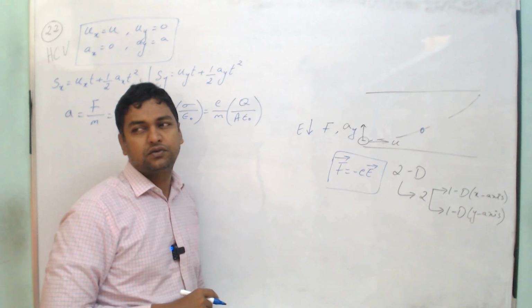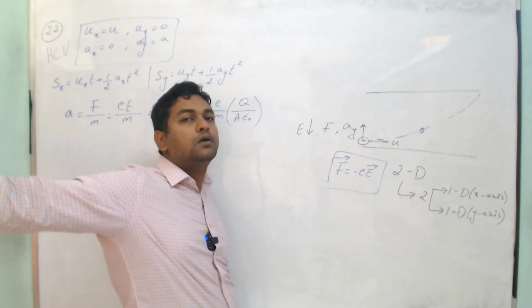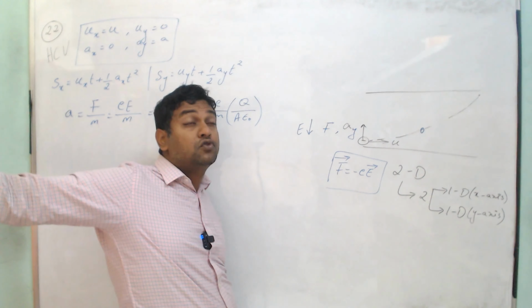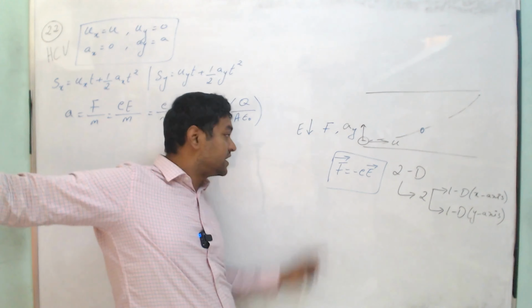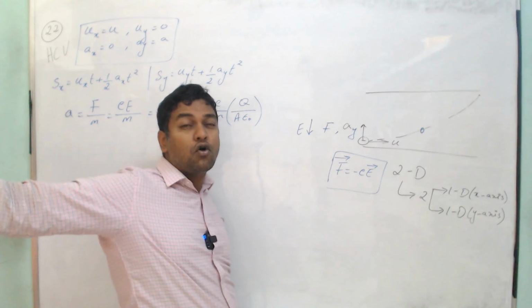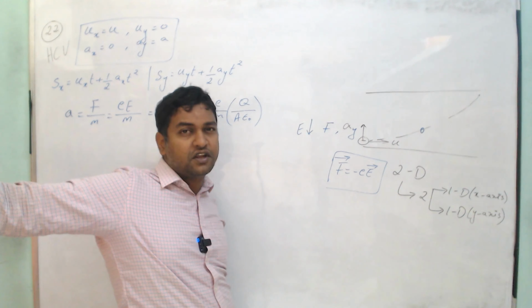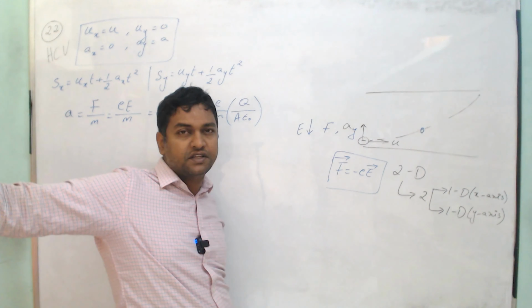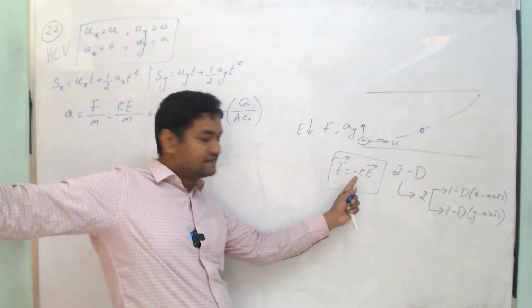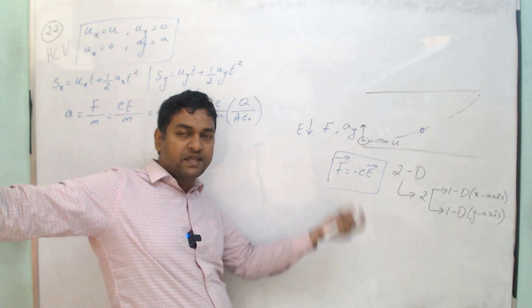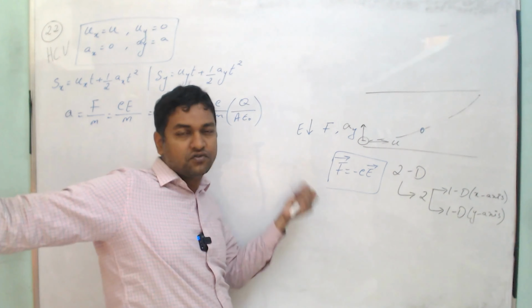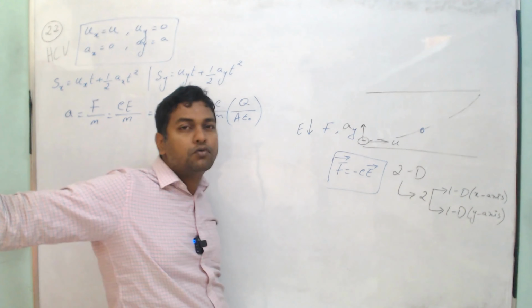The direction of force and the direction of electric field are opposite to each other because the charge of an electron is negative. This minus sign makes them opposite to each other.